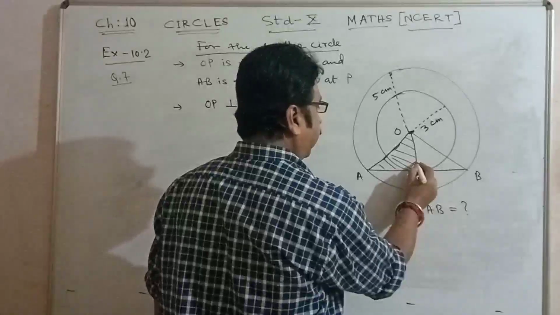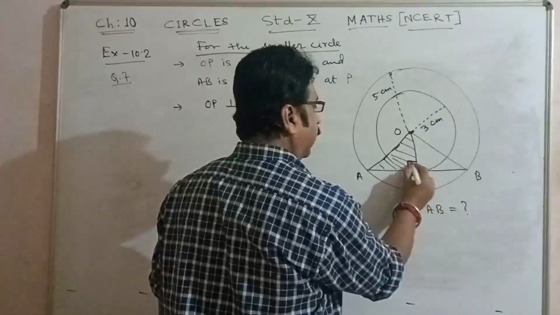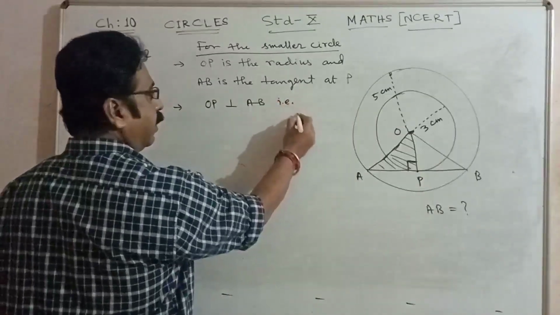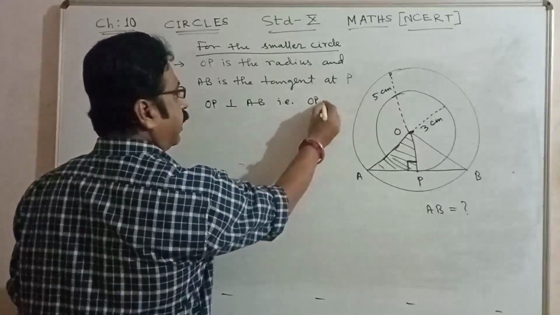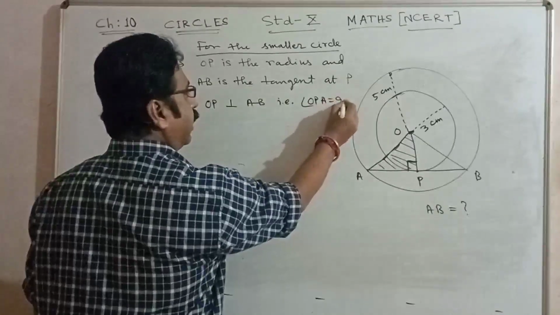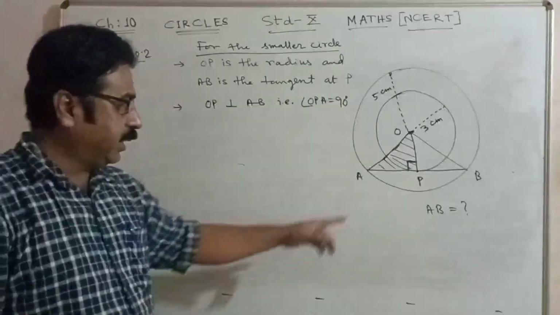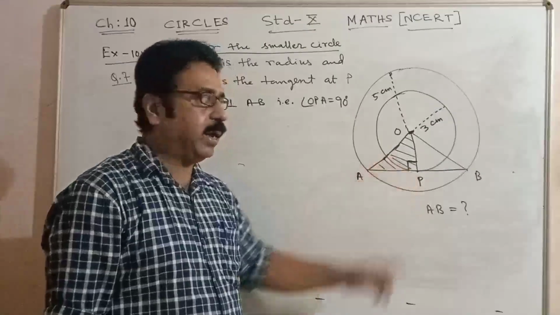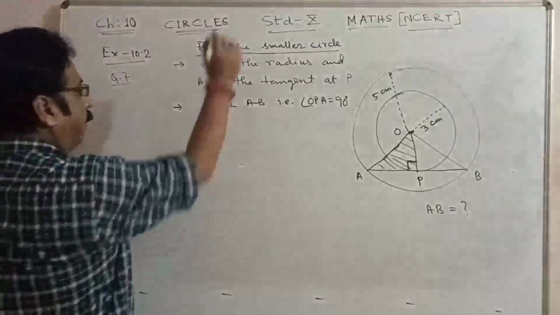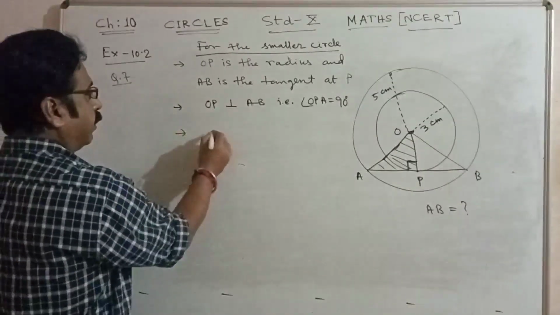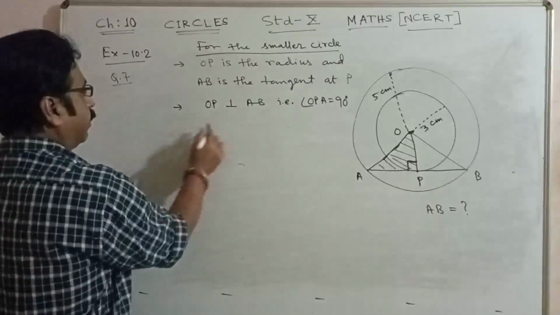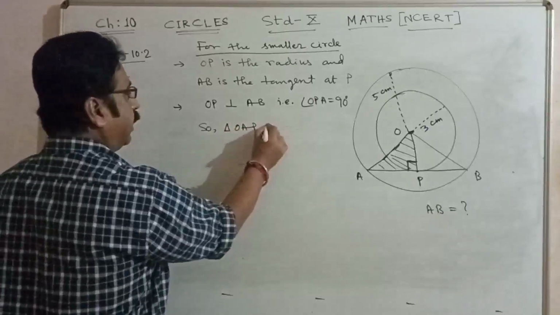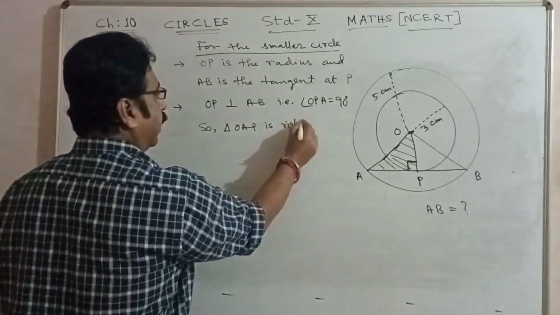That means this angle will be 90 degree. That is angle OPA is 90 degree. If it is 90 degree, then OAP will be a right angled triangle.